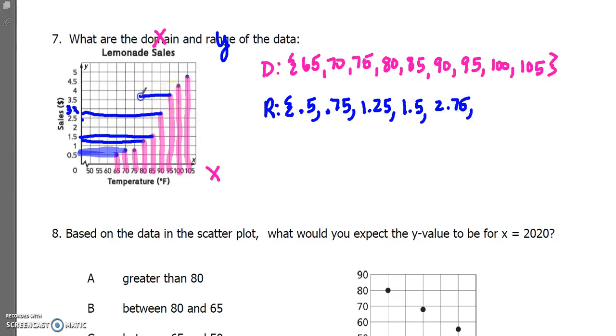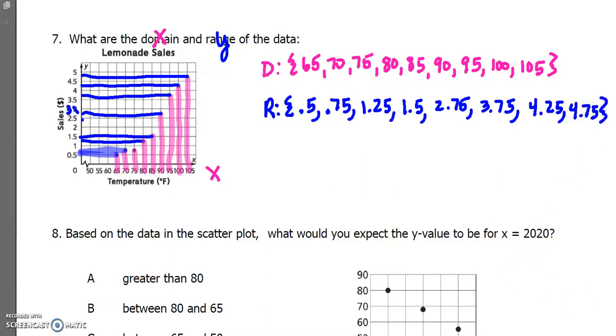And the next one is up here between 3.5 and 4, so 3.75. And the next one between 4 and 4.5, so 4.25. And my last one is way up here between 4.5 and 5, so 4.75. Okay, good job.